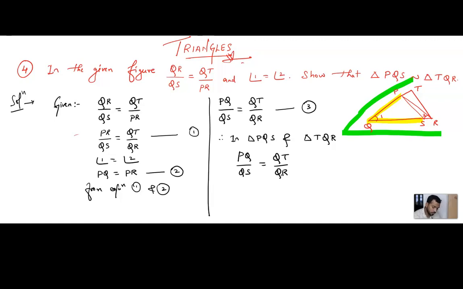Now, here what we can say, shall we cross multiply this? So what happens? PQ by QT. PQ is half, QT is full. PQ by QT is equal to QS by QR, half by full.